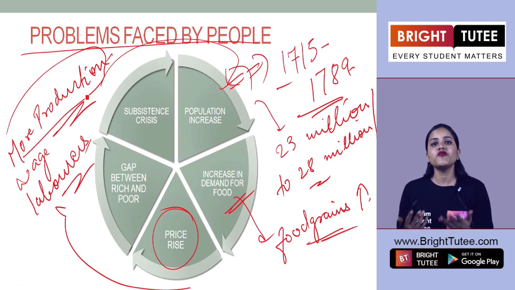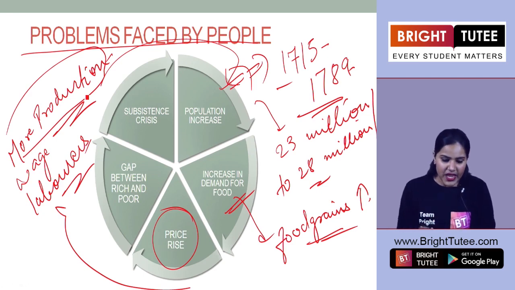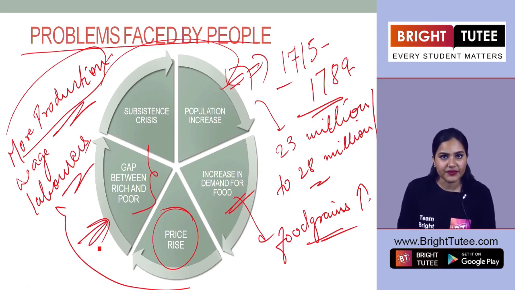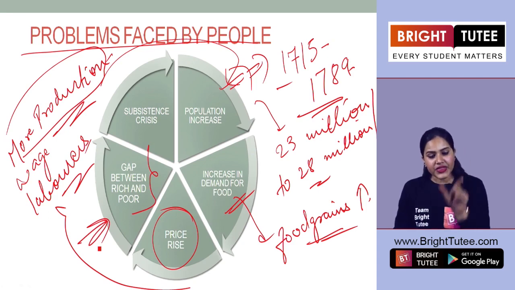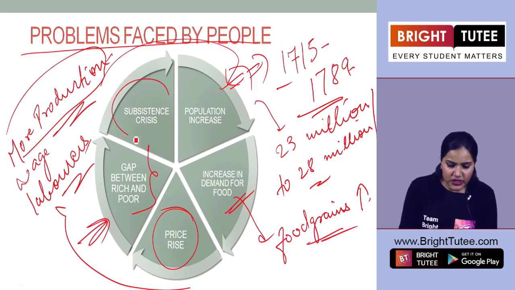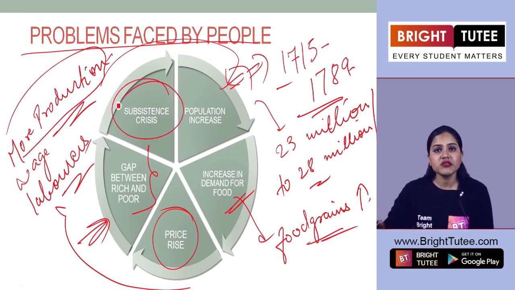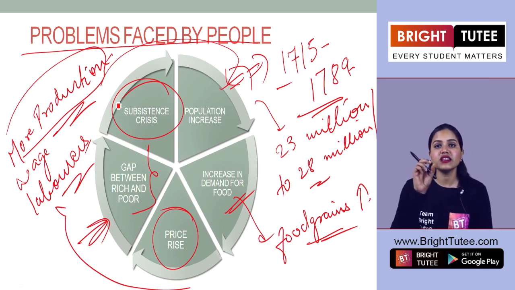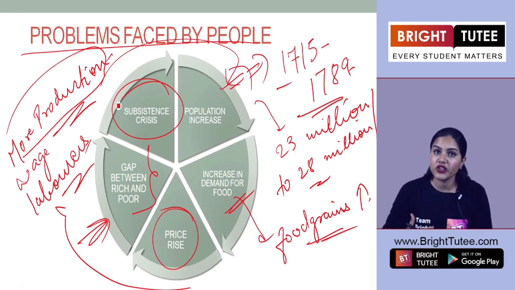So as a result of it, what is happening here? It leads to a widened gap between the rich and the poor people. Okay? And this intense situation leads to an extreme situation, that is the situation of subsistence crisis. So this is the main point that you have to keep in mind, because it also becomes one of the causes for the French Revolution.